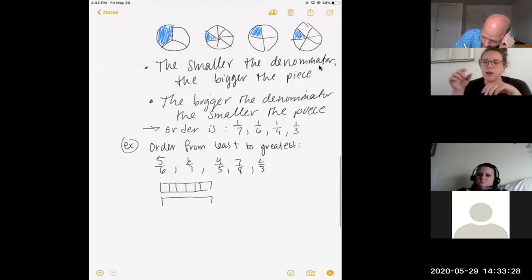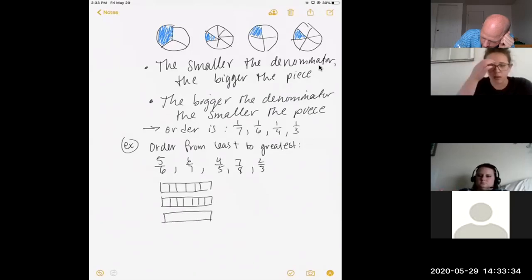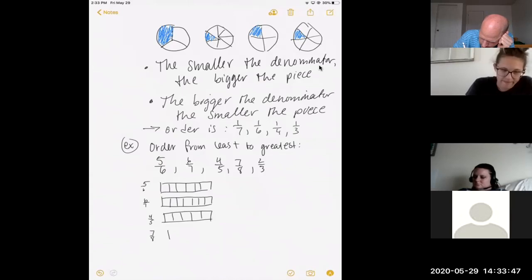So instead of just having one piece, you have all but one piece. So 5/6, 6/7, 4/5, 7/8. And just draw some quick pictures. And 2/3.